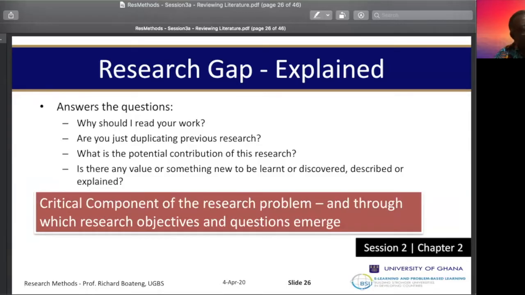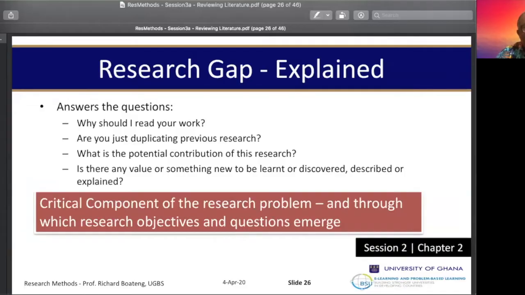That gap will inform your research purpose, like we just saw in the example. And because it's influencing your research purpose, it tells us why we should do research in a particular area. And also, it tries to tell us how your work is different from somebody's work, so that we know that your work is not just duplicating somebody's research, but trying to present something new.